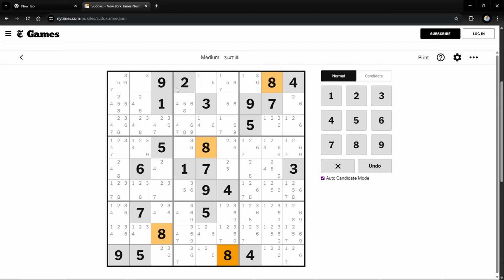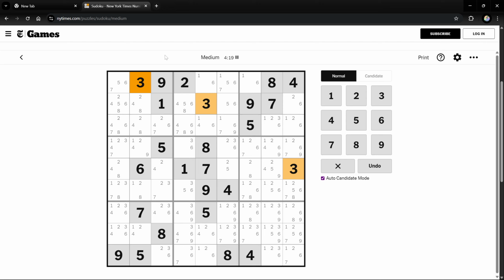So the first thing we want to look for is here. There's only one possible number in this square, which means that we can only put in 3 here. So we're going to look for if there's only one number in a square. Now we can see that there's none.